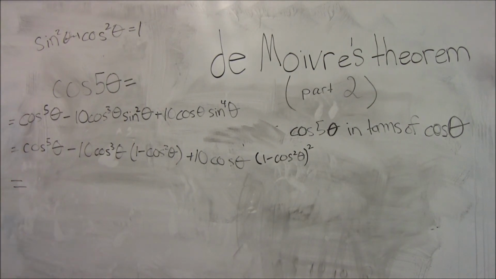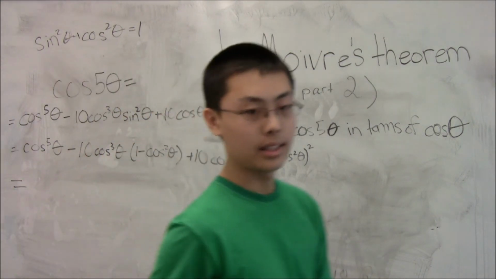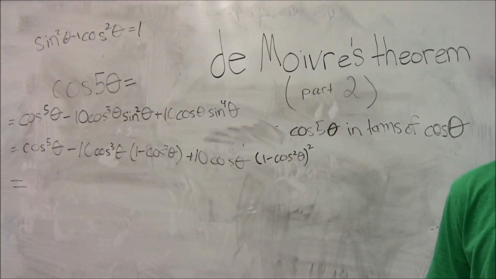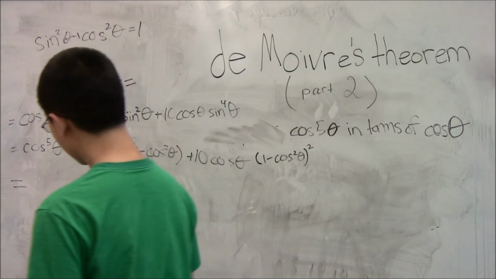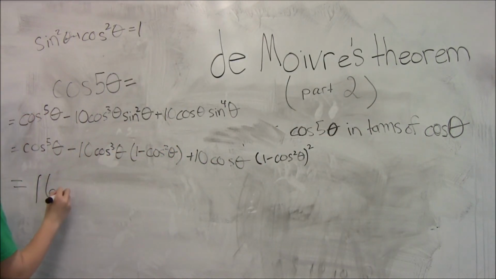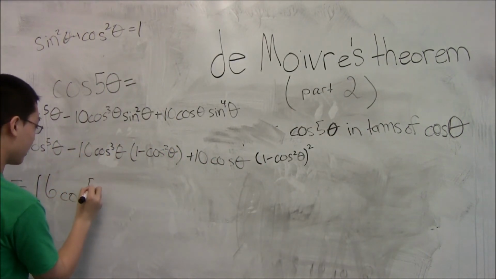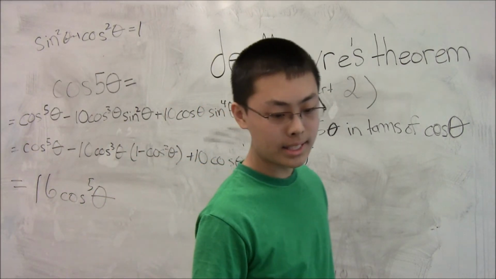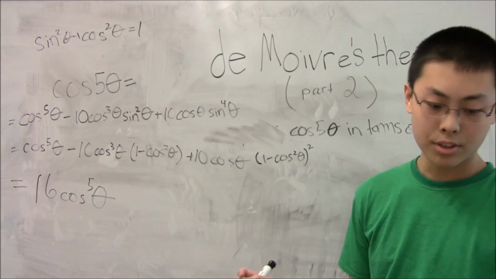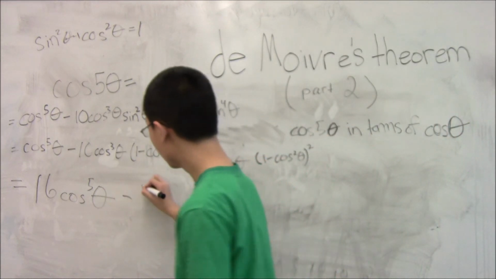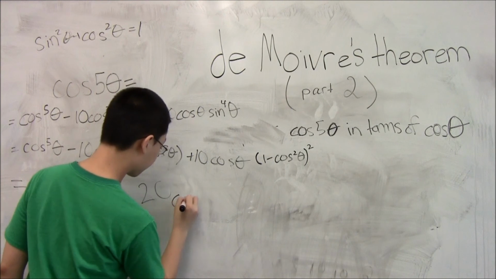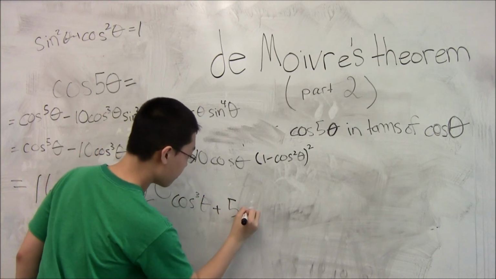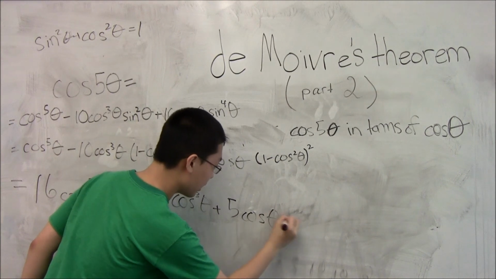After that, well, it's going to equal what? I'm just going to pause there. It's going to be 16 cosine to the 5th of theta minus 20 cosine to the 3rd of theta plus 5 cosine of theta.